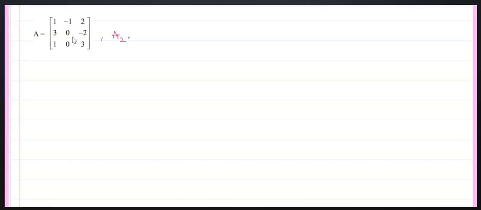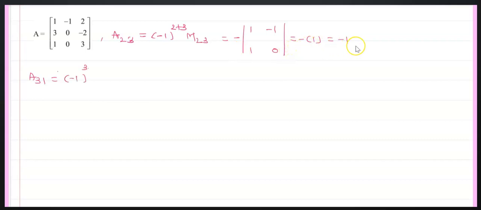Next is A23. Then delete this and you will get 1, minus 1, 1, 0. If we want to find A23, we delete the row below and above, and the column in front. So we get 1, minus 1, 1, 0. And minus 1 raised to 2 plus 3 is minus in bracket 1, overall it is minus 1. A31, minus 1 raised to 3 plus 1.